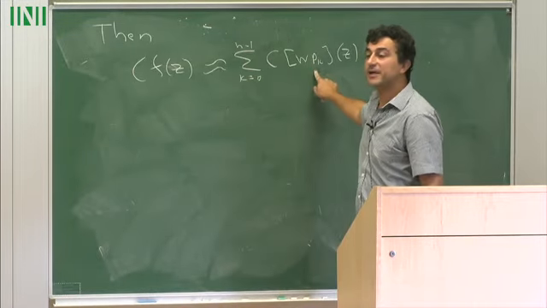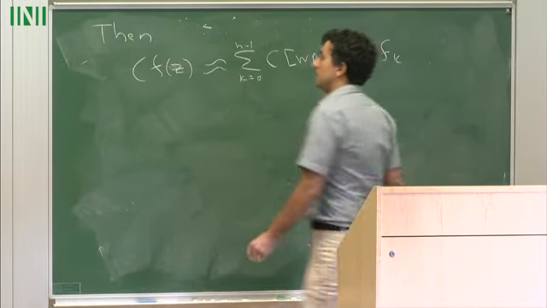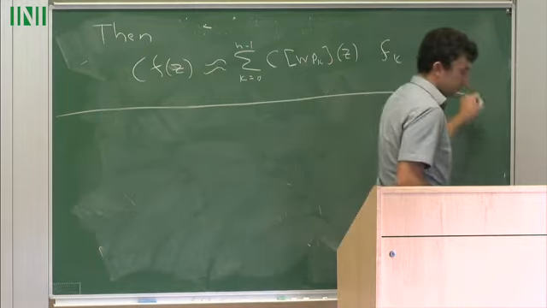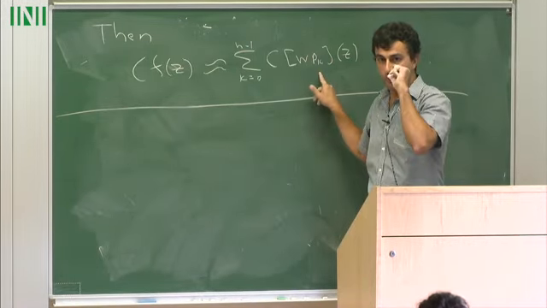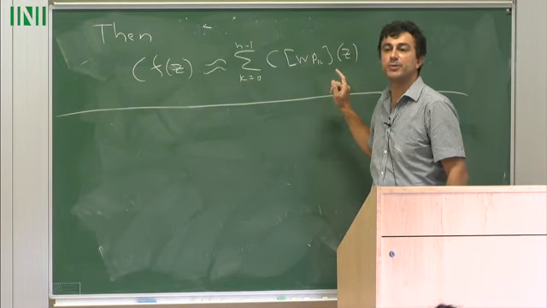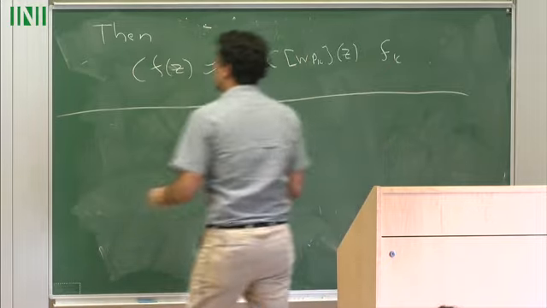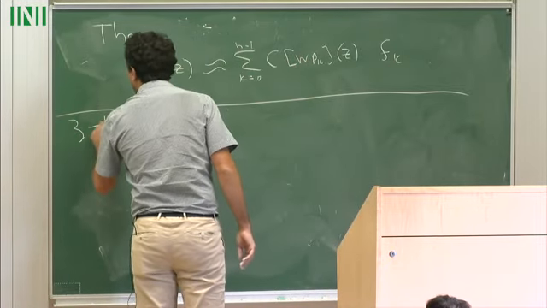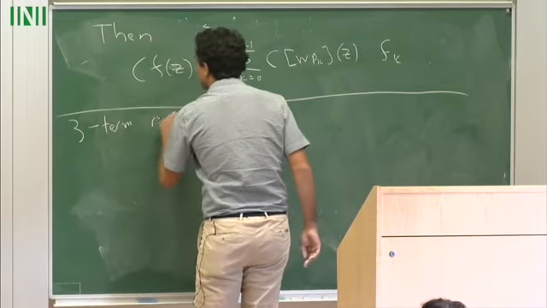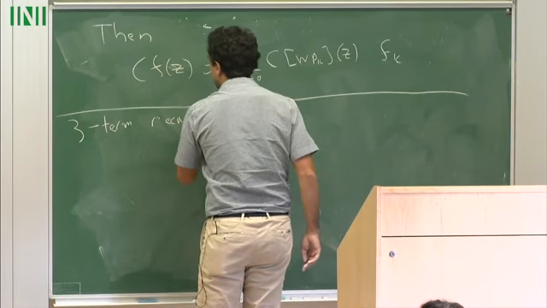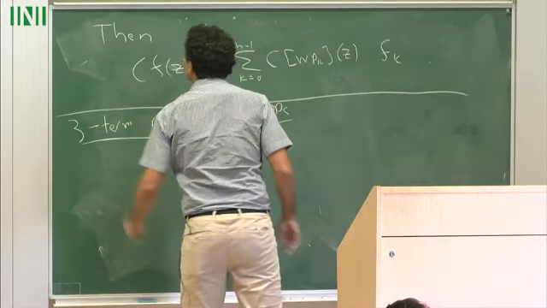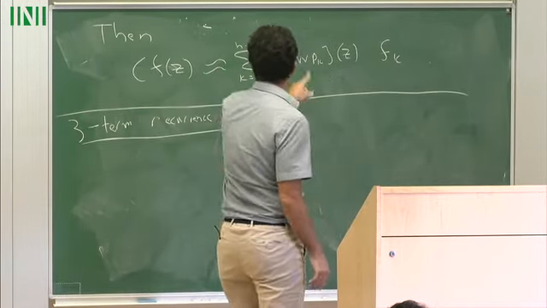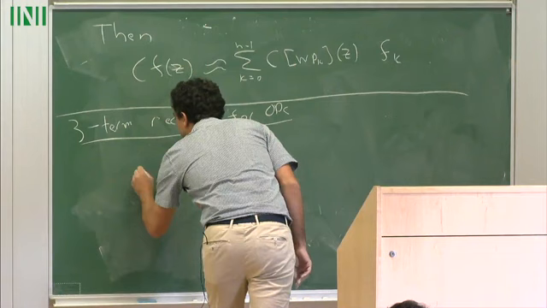So how do we calculate these? Well, it turns out the Cauchy transform of orthogonal polynomials essentially solves the same three-term recurrence that orthogonal polynomials do. It's sort of well known that orthogonal polynomials satisfy a three-term recurrence.